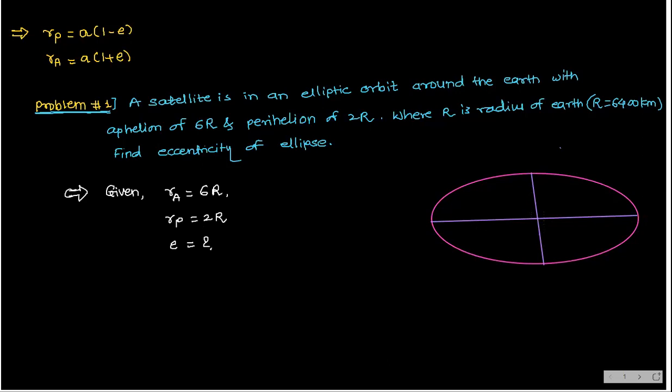Earth, because the satellite is going to revolve around the Earth. Here this yellow color is the satellite. So this is Earth and this is satellite.